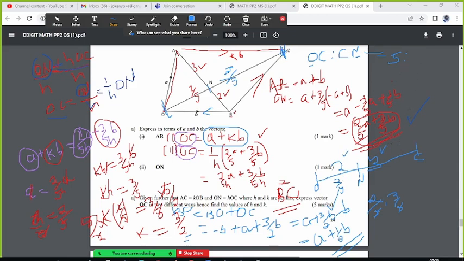And then from C to N is negative 3. Why? Because we are moving against the initial direction. And now the question is sorted.